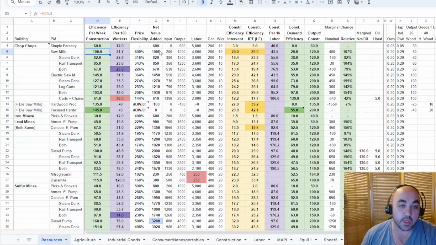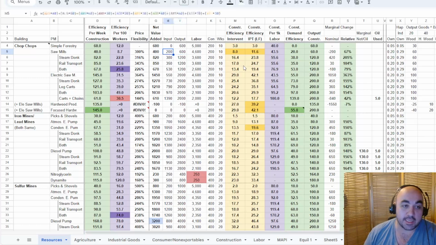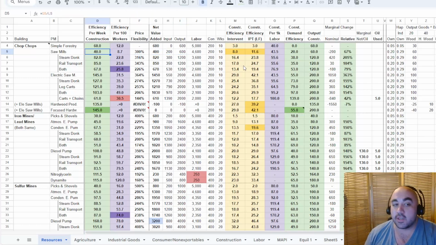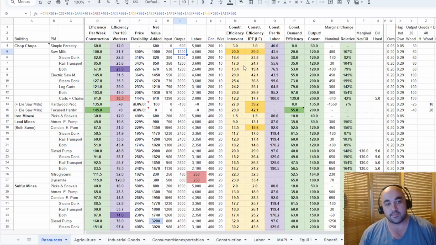But if wood were, for example, at half price, minus 50%, then the output value would only be 600, and the efficiency per week of construction would only be 40. So the efficiency per week of construction would go down, and we would go from preferring to build wood to preferring to build something like lead on atmospheric engine pump, because there's more efficiency per week of construction when wood is at minus 50%.